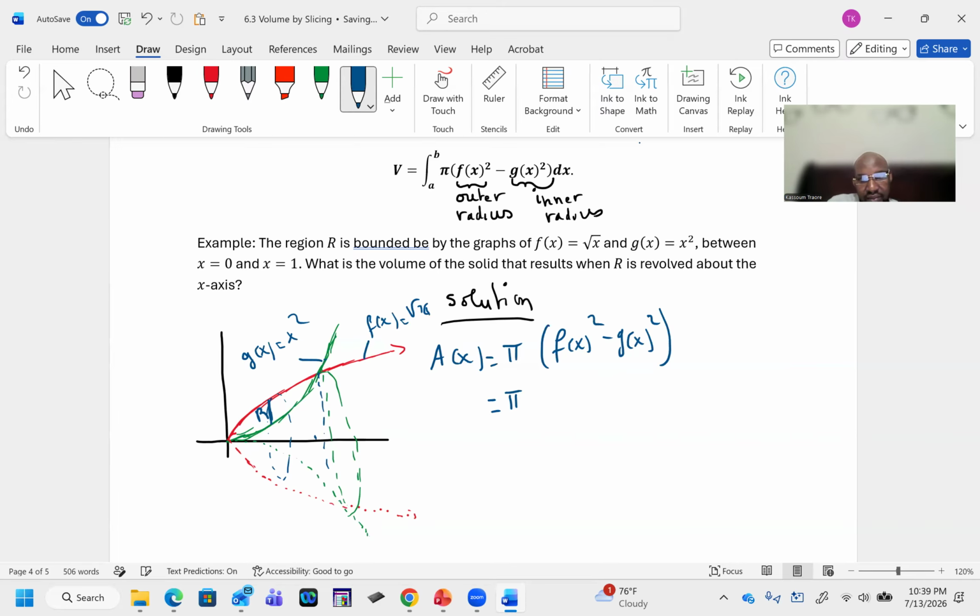So pi times, let me use the brackets, f of x squared minus g of x squared. Oh, sorry, I mess up. This is square root of x because that's my f of x. That's the outer function.